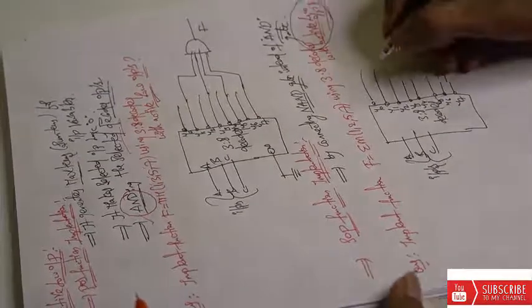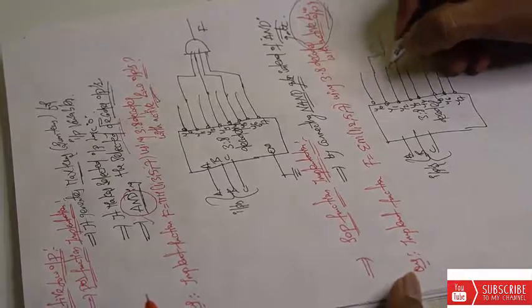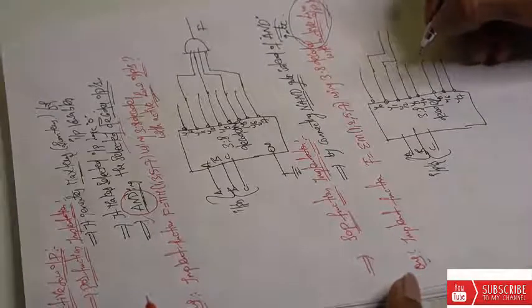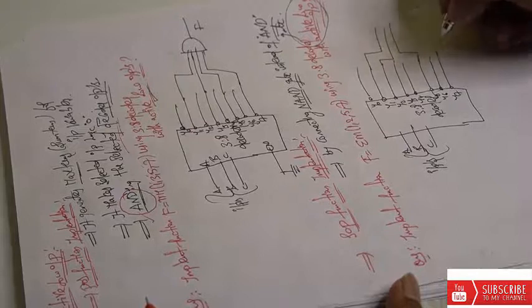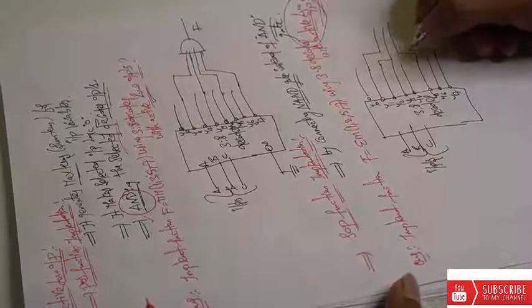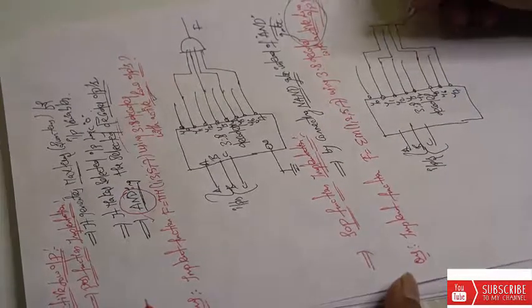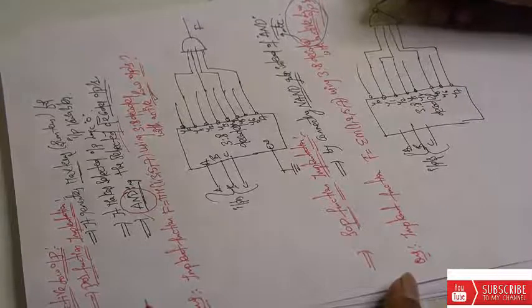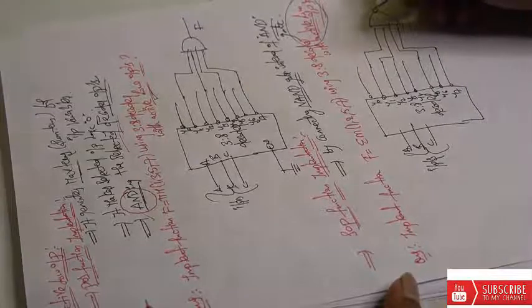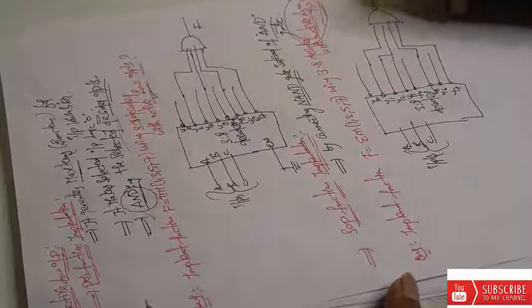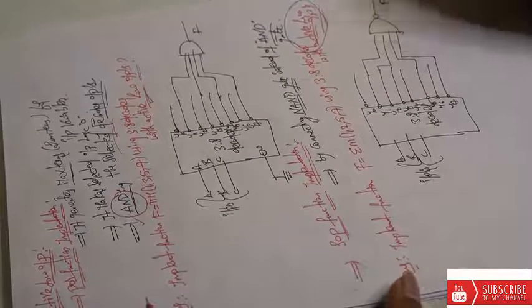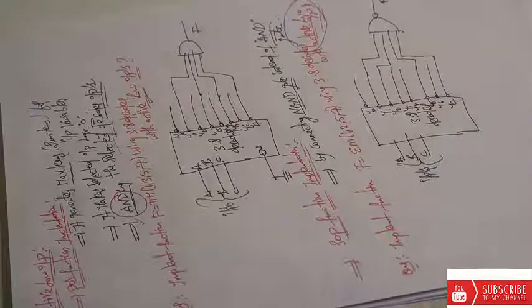Here 1, 2, 5, at last 7. Put the complement for the AND gate, that means it will become the NAND gate. In this way you will get the SOP function implementation for the active low outputs.